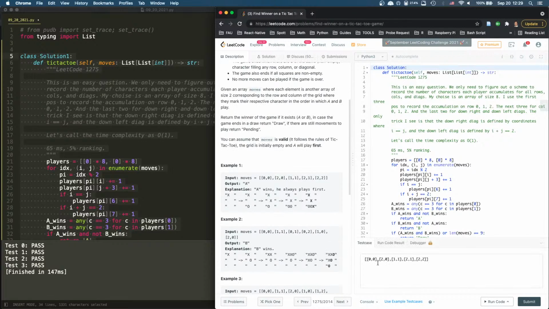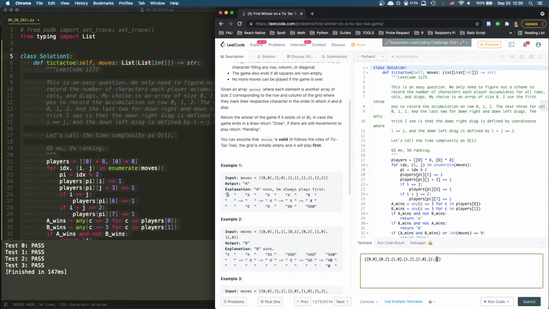So we do 0, 0, and let's say the other one does 0, 1, 0, 2, and then we do 1, 0, and the other one does 1, 2, right? And then we do 2, 0, and the other one does 2, 2, right?